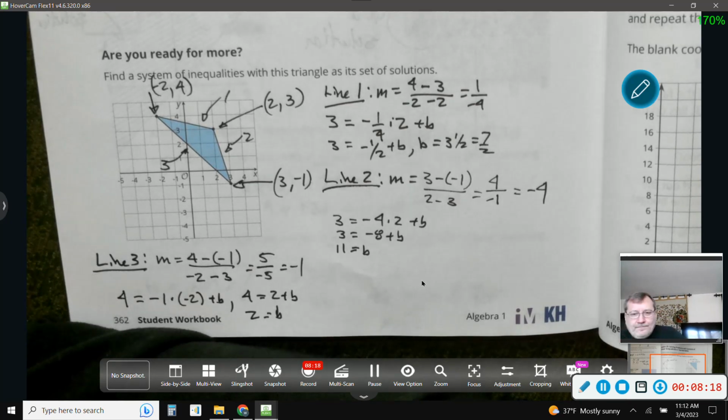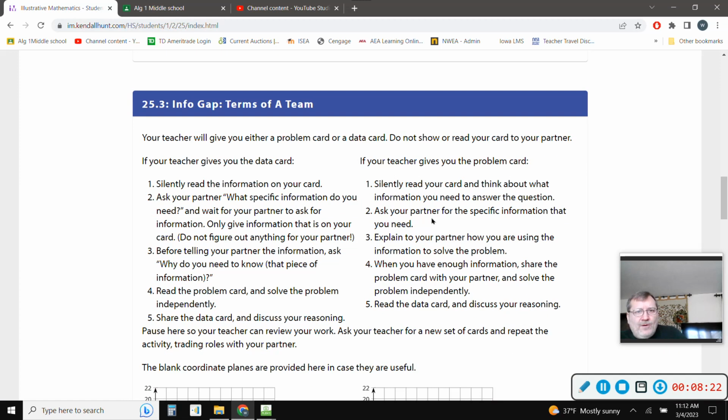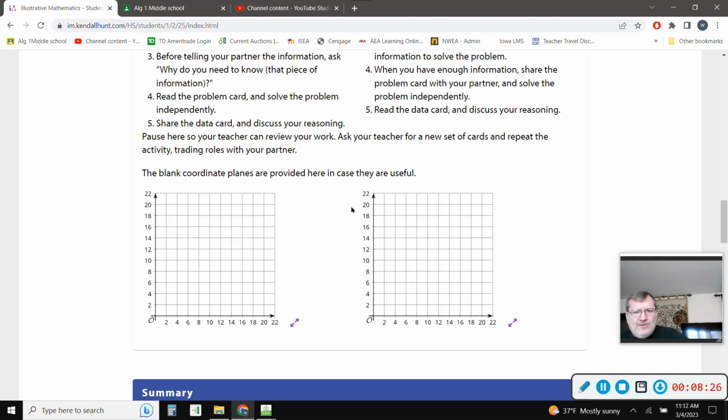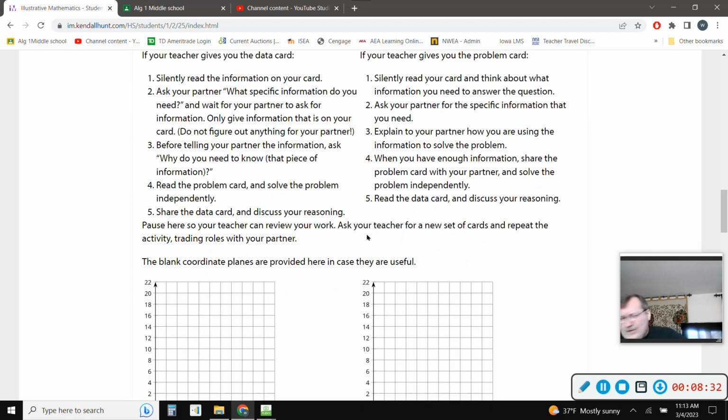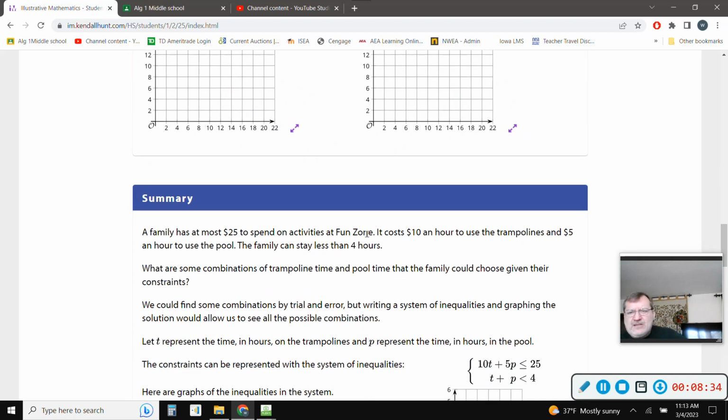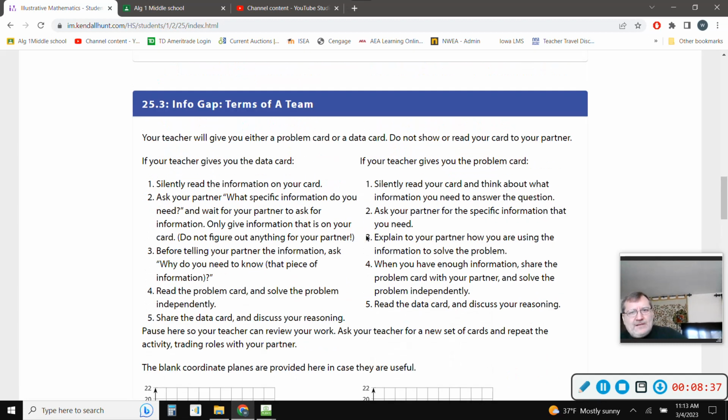All right. Now, the next thing here, they want you to go and do the infogap in terms of a team. So they want you to do a whole bunch of stuff here. They want you to go through and take a bunch of data cards, and it just seems like this is a lot of work again, and if you had time, that would be fine.